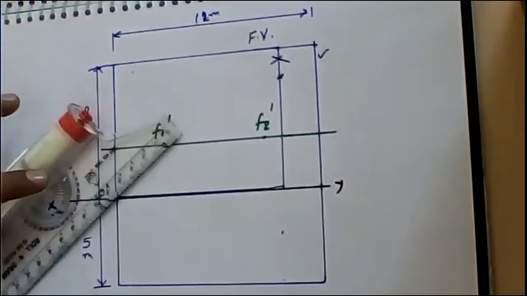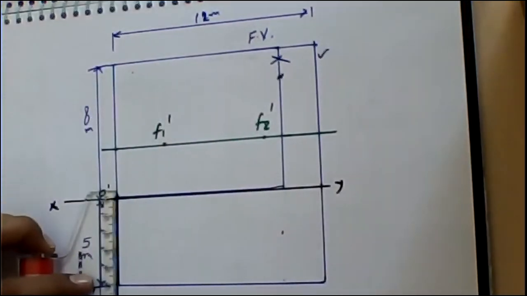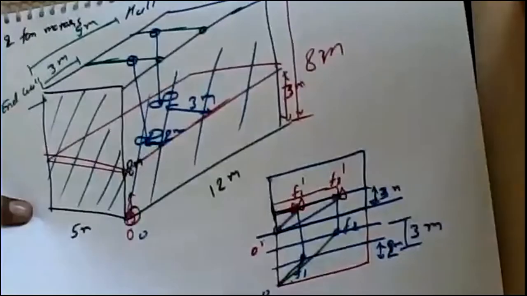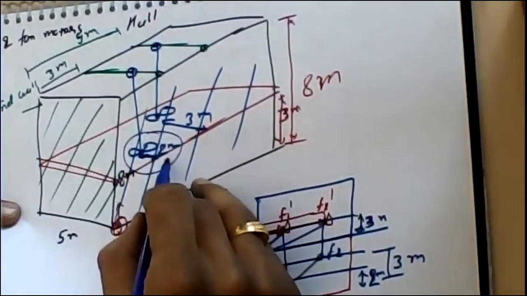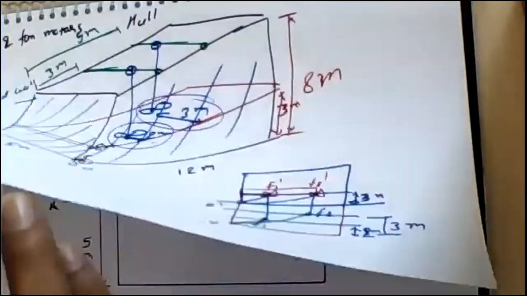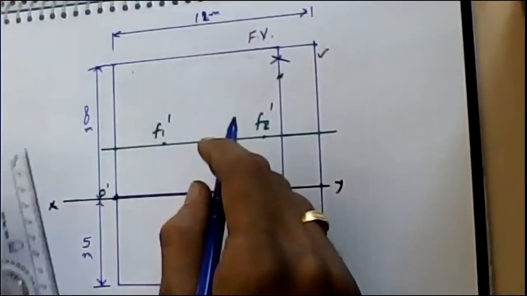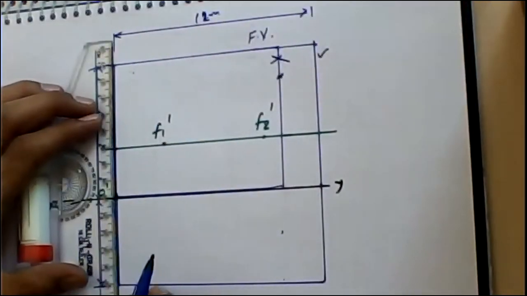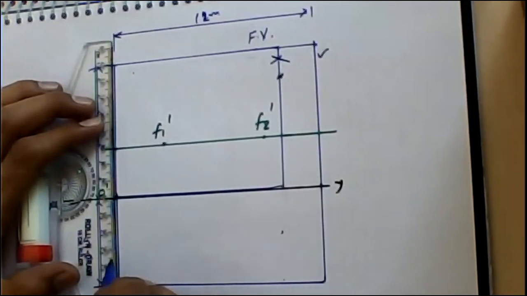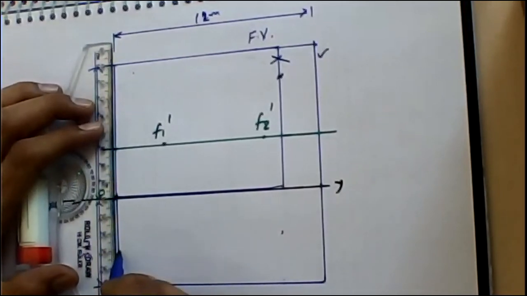Now we need to position the fan 1 and fan 2. Fan 1 is 2 meters from the front wall, and fan 2 is 3 meters from the front wall. So while following the F1 dash line, let us have the 2 meters and 3 meters lines also. So these are the two lines.